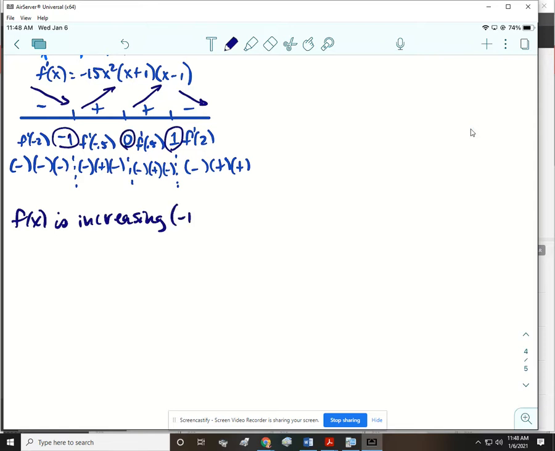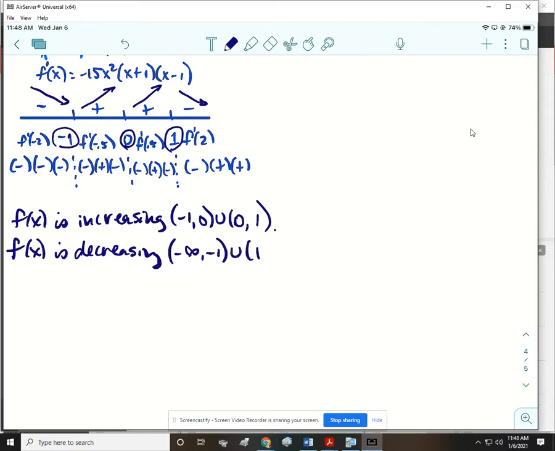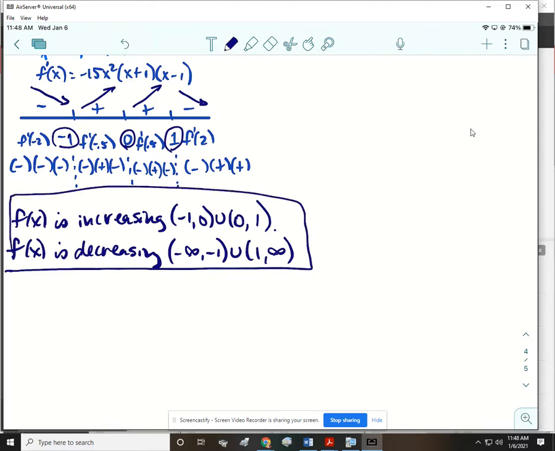I like to break it up because I feel like at 0, it's not doing either. It's just kind of pausing for a second, but you can still get it right the other way. All right, so that's the first part.